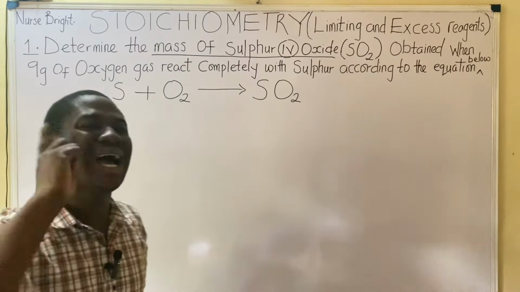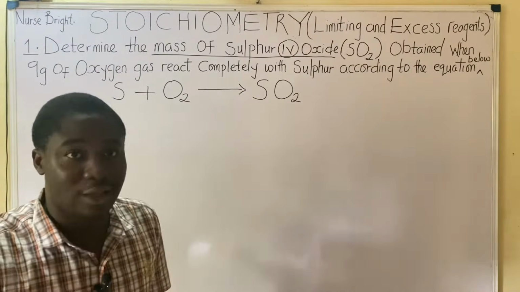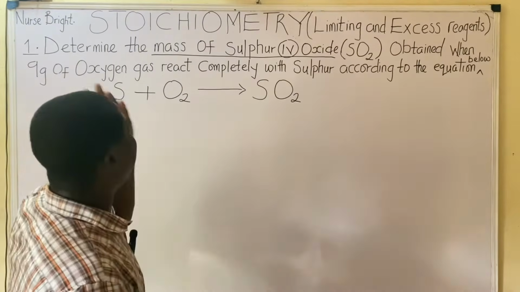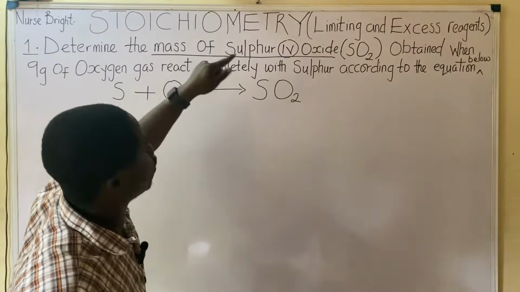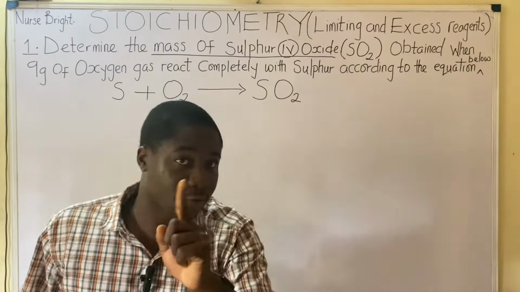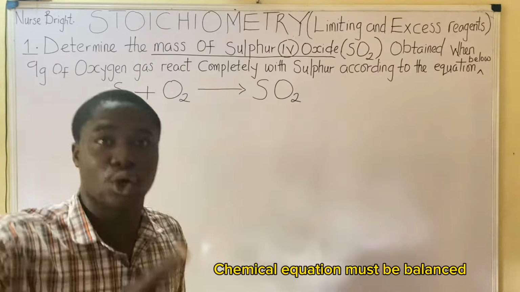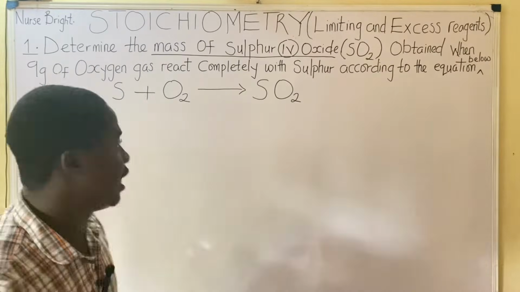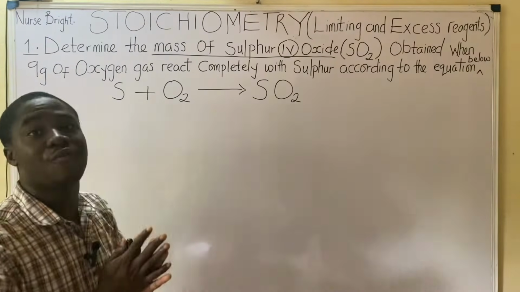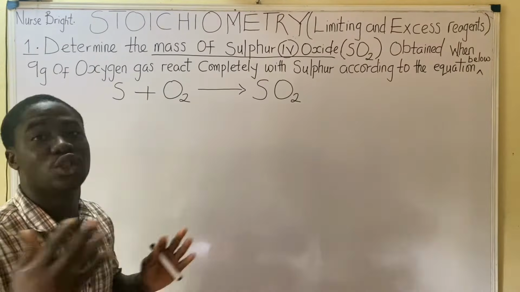Moving further, another thing you must watch out for in this topic, stoichiometry, be it a normal stoichiometric practice question or one dealing with limiting and excess reagent, is that before solving, your equation must be balanced. So we have to check if this equation is balanced. From the look of things, it is already balanced.